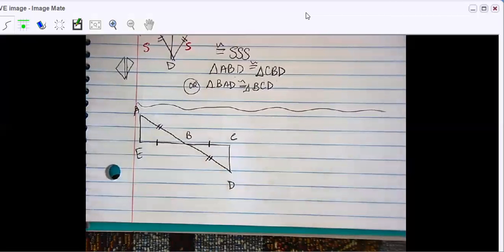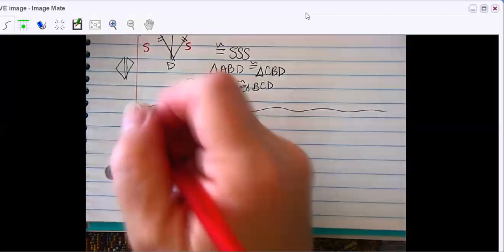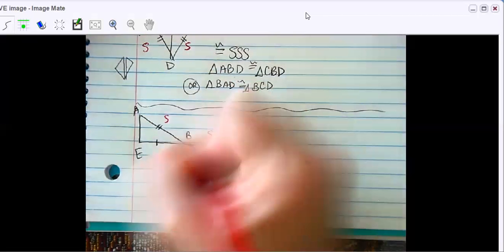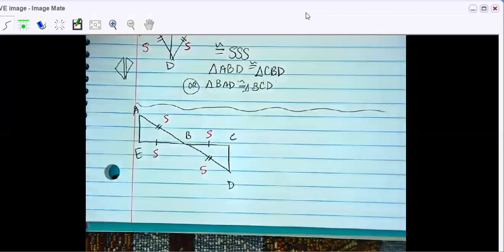Okay, so let's label our A's and S's. There's an S, and there's an S, there's an S, and there's an S. But that's not enough information. That's only two pieces of information, not three. So does it have a common side that I can mark? What do you think? No, good.